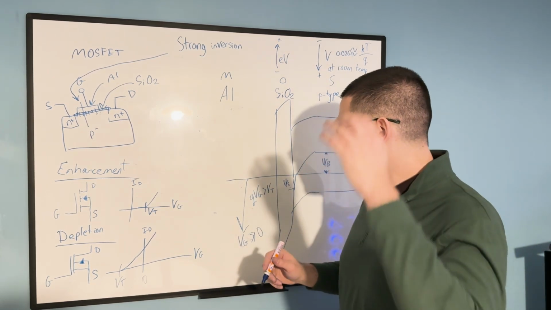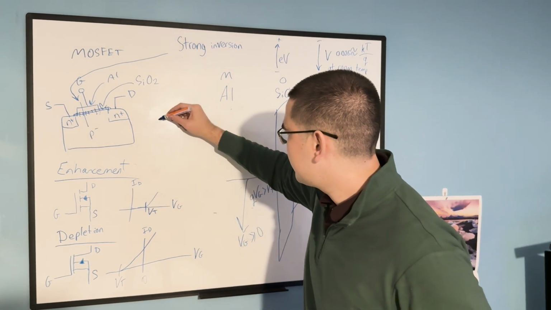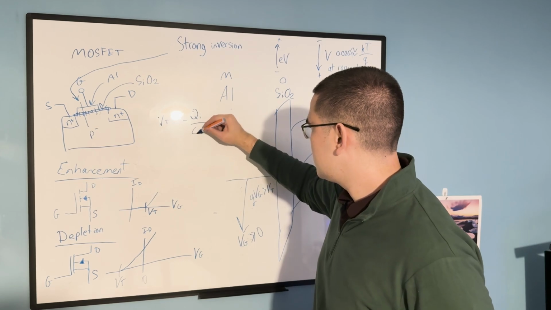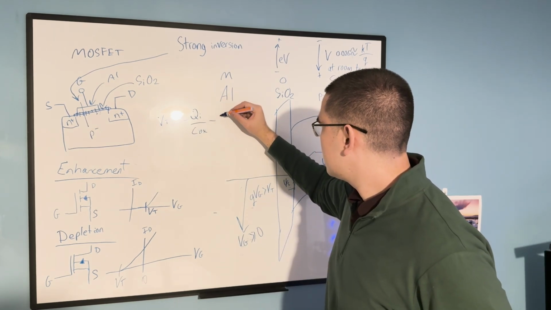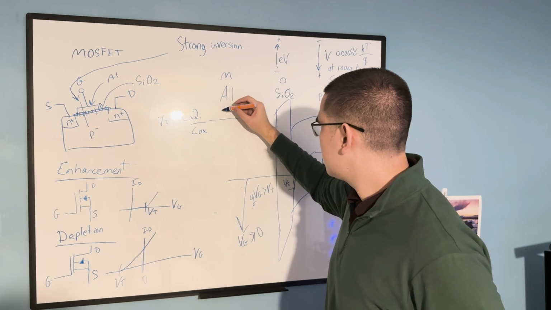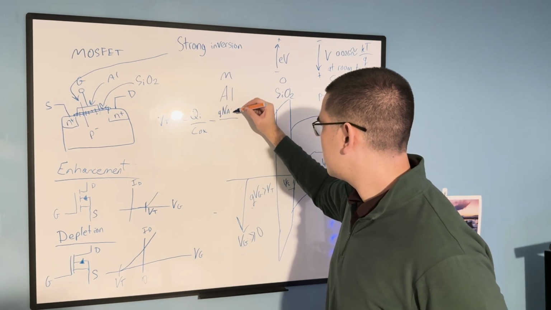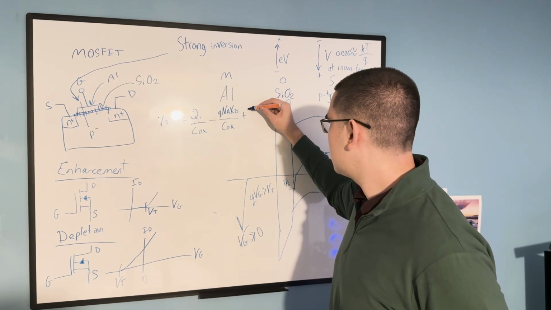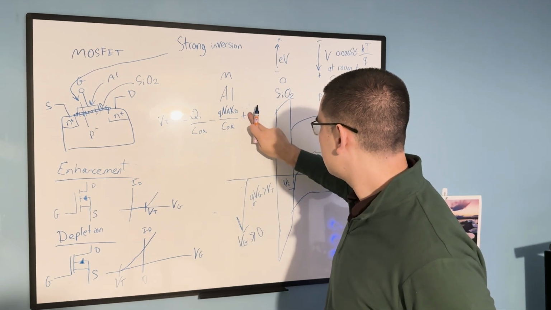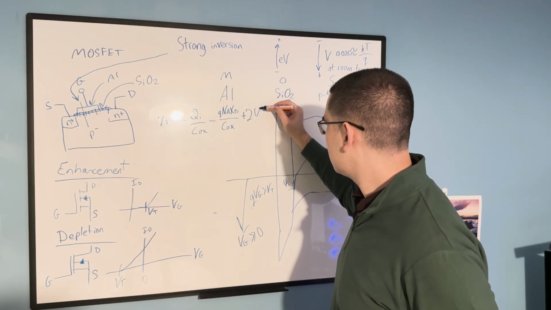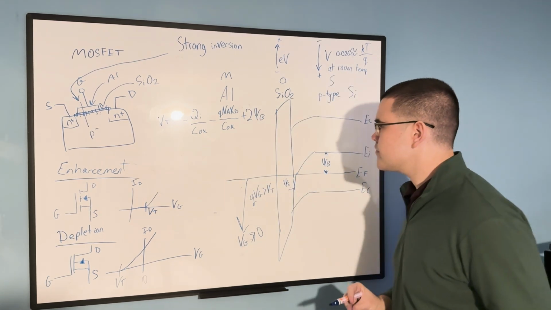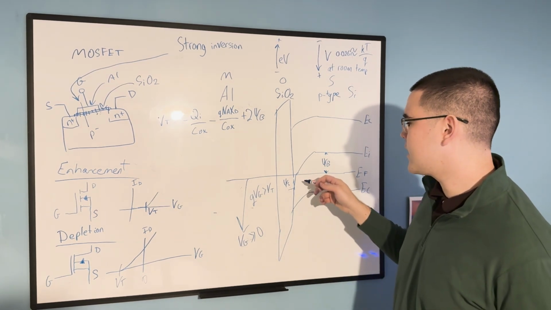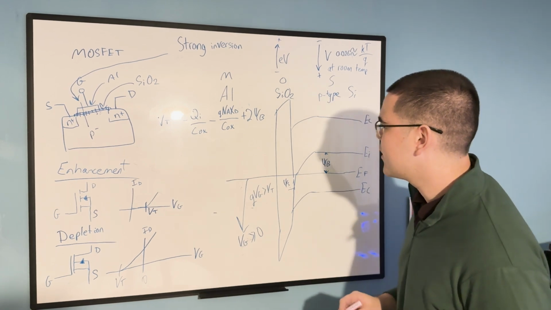But let's look at the threshold voltage equation one more time. This time we have to account for the inversion charge that's accumulated at the interface.